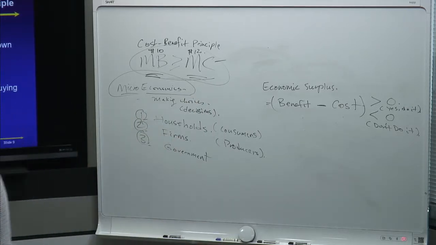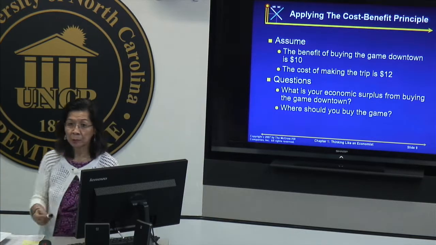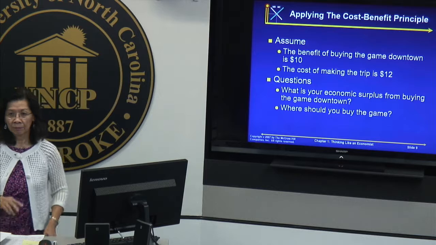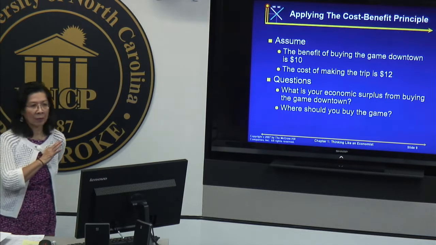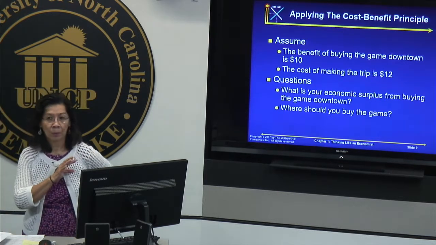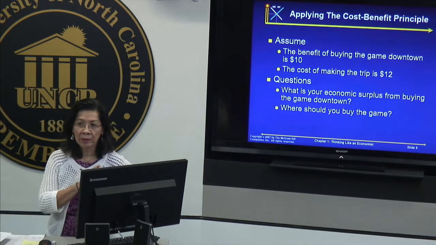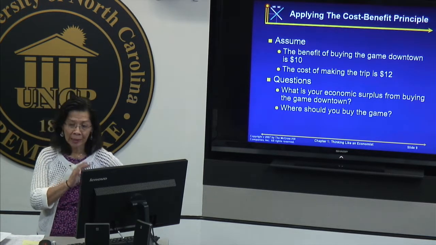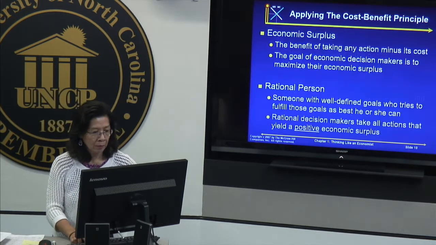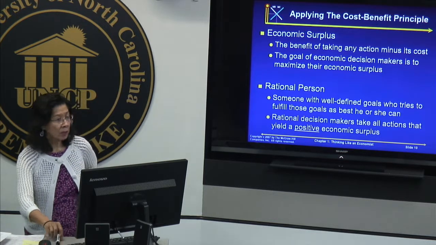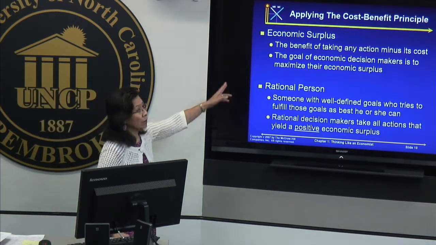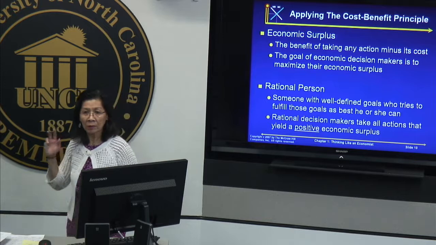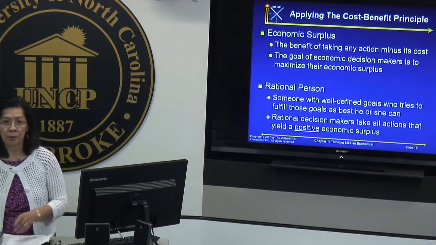So that's basically this part about some general term definitions, a very basic understanding of what economics is. So here it is, the definition. What is economic surplus? Now, all these terms, you have in your book.